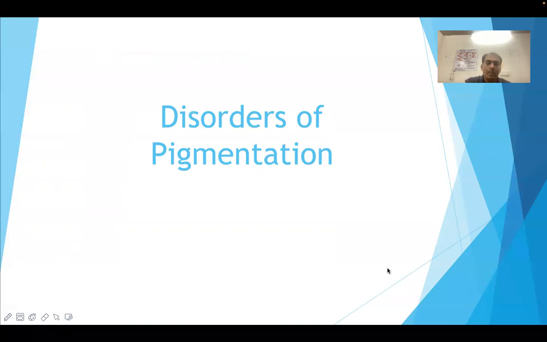So melanin production depends on the size of the melanosomes and the melanocytes. Depending upon these factors, the diseases are classified into disorders of hyperpigmentation, in which there is an excess of melanin, and disorders of hypopigmentation, where there is reduction or even at times absence of melanin pigment.